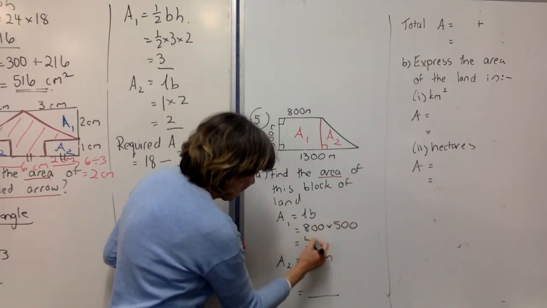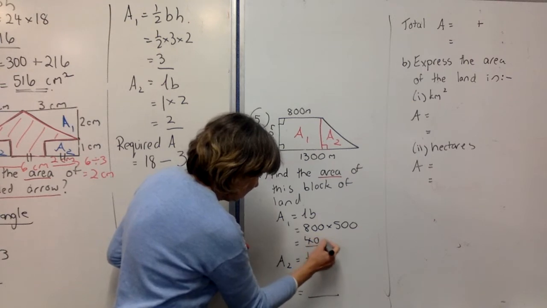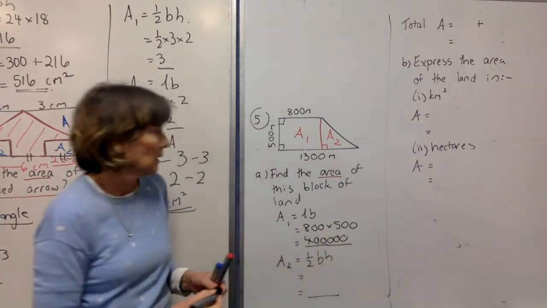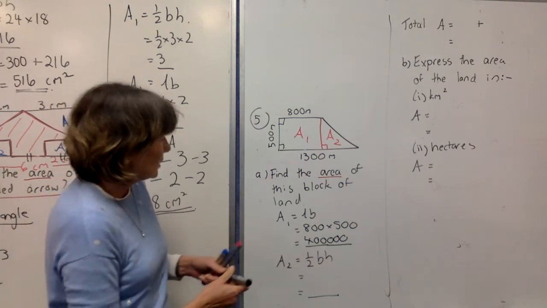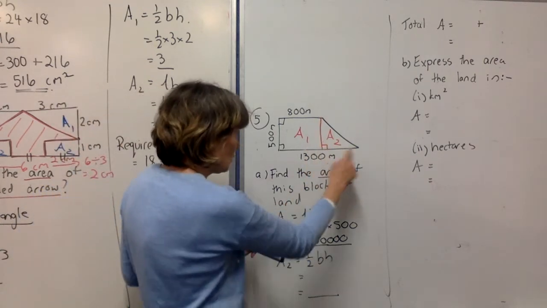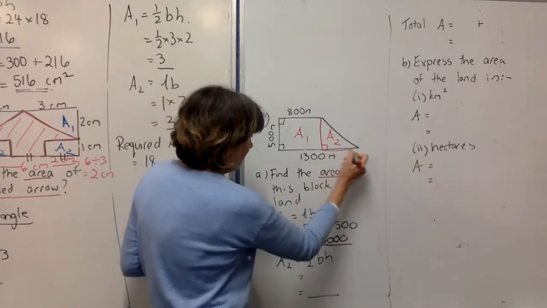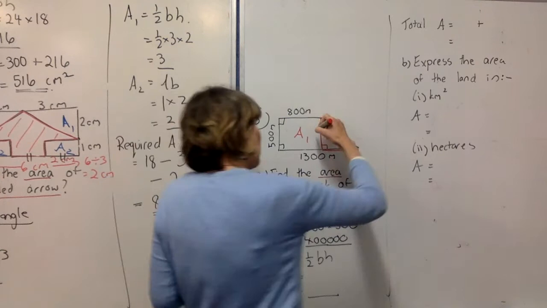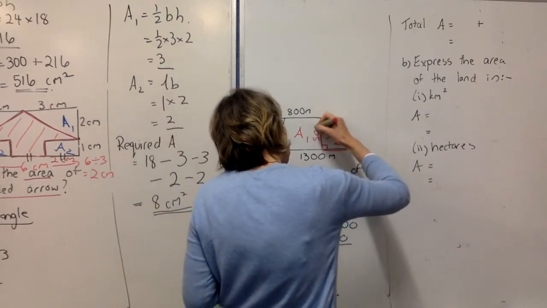And if you work that out on your calculator, you'll end up with that. Now our triangle, so we need these 2 sides here. That one and that one. This one's easy because it's the same as that, so it's 500. Write it in red.